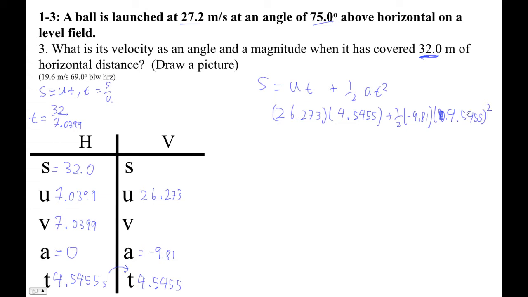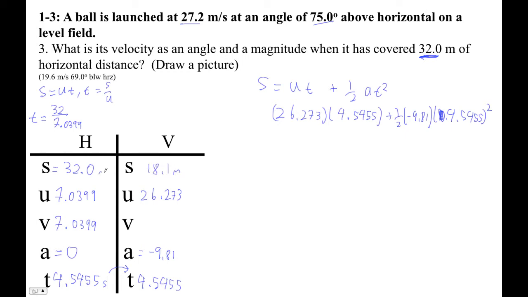Okay, so here we go. 26.273 times, for me I'm just typing alpha t, and all of that value gets in there, right? Plus 0.5 times negative 9.81 times 4.5455, which I can do by going alpha t, squaring that. And I get that the height of this thing is a mere 18.1 meters.